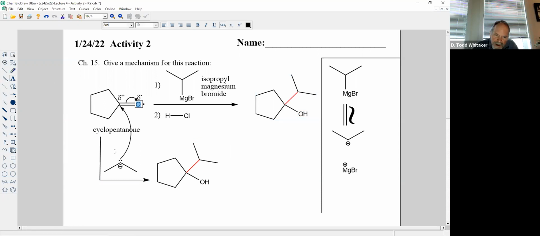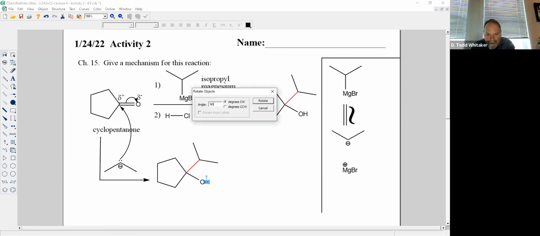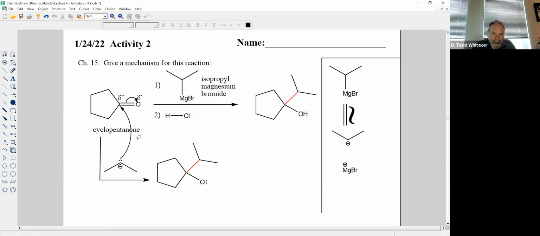The O is an O. It's got 3 lone pairs, but we only need 1 of them for later. I've got a lone pair, I don't have to draw it again. It's an O that got the electrons it was tugging on. And now it's got the real minus charge.